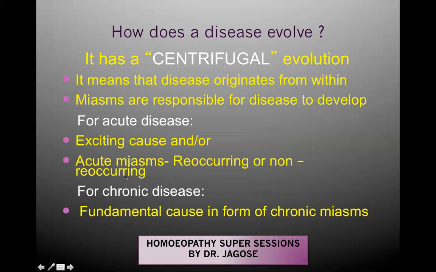But the main cause is the acute miasm, which originates from within the individual. And for the chronic disease, the fundamental cause has to be identified in the form of the three-grade chronic miasm. Therefore, we say that the disease has a centrifugal evolution from within outwards. Within meaning the acute and chronic miasms, depending upon the state of the disease.